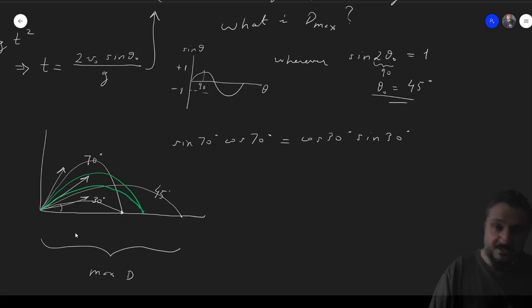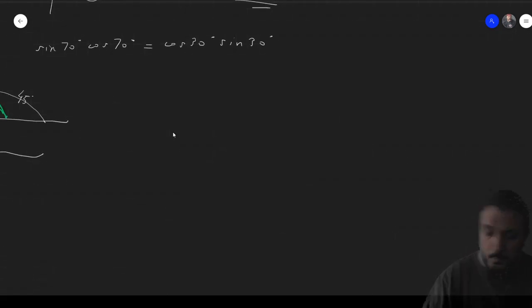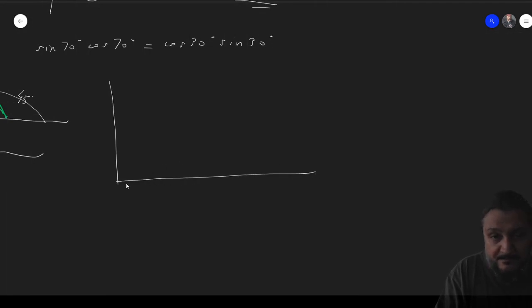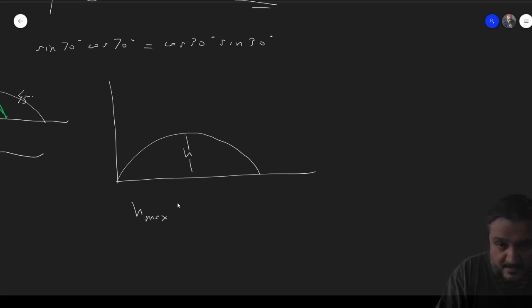All right, one more thing: how to find the maximum height given initial velocity and initial angle.